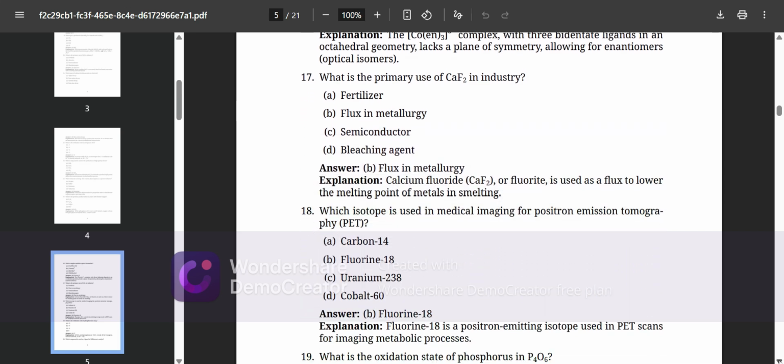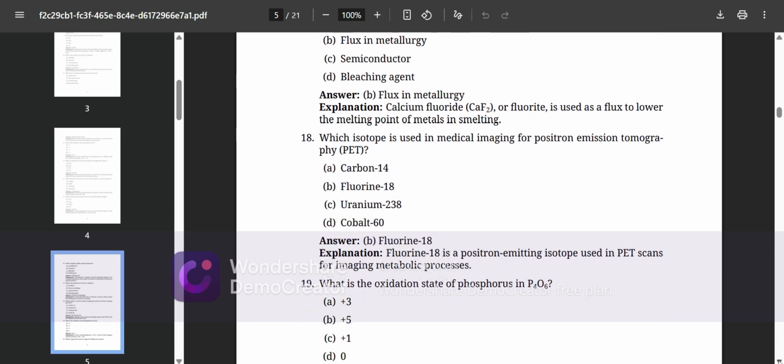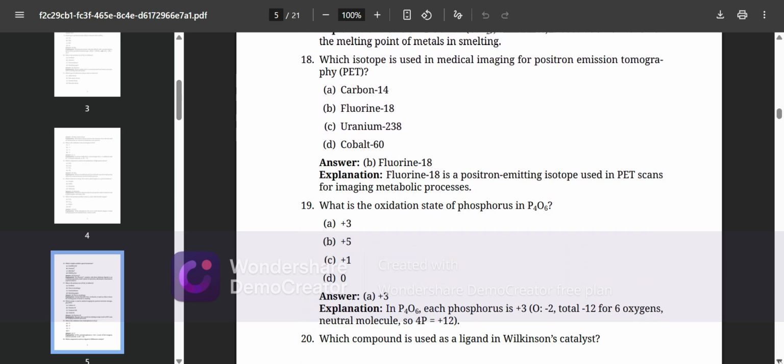What is the primary use of CaF2 in industry? Flux in metallurgy. Calcium fluoride, CaF2, or fluorite, is used as a flux to lower the melting point of metals in some smelting. Which isotope is used in medical imaging for positron emission tomography, PET?